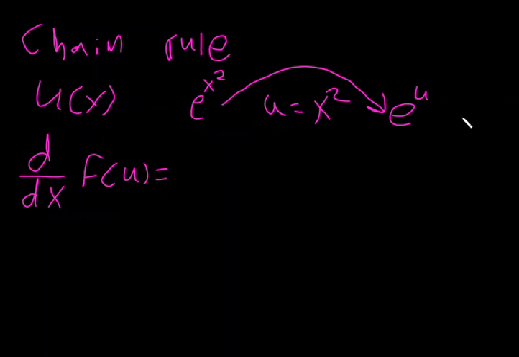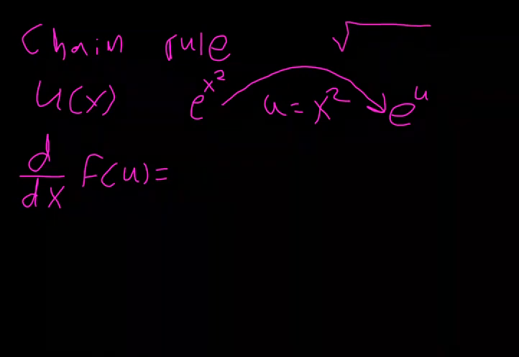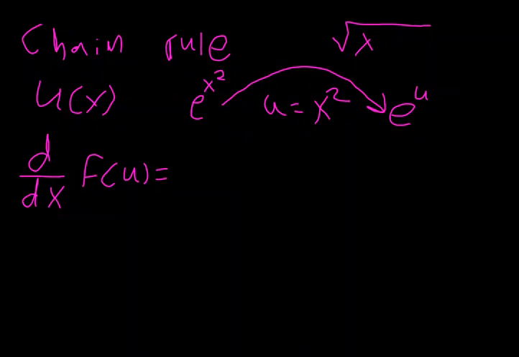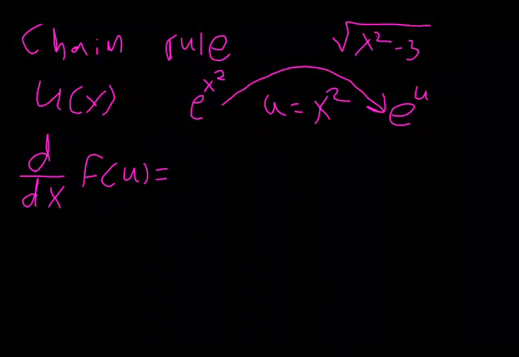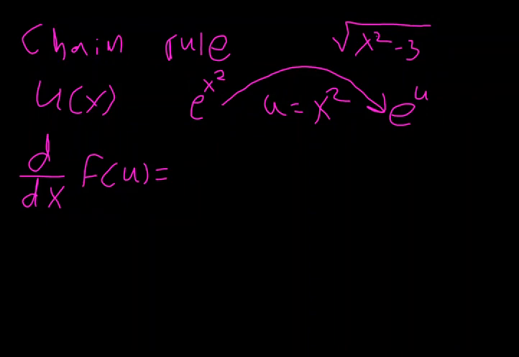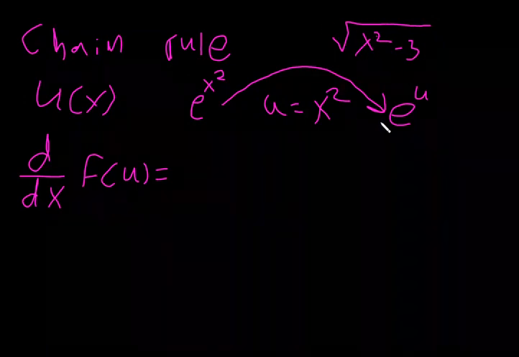Just like if I had the square root of x squared minus 3, if I used u equals x squared minus 3, this would be the square root of u, or u to the 1/2, which we can differentiate using the power rule. So you can hopefully see why that would be useful. You take this embedded function, x squared minus 3, that is u, and then we turn that into something we can differentiate.